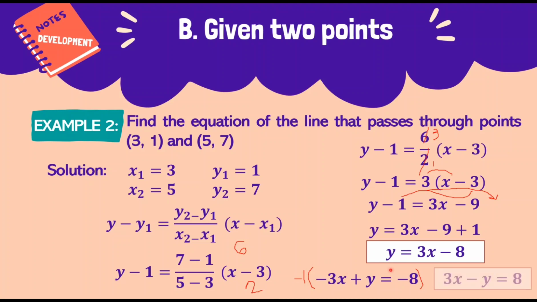So, syempre, we have 3x. Ayan. And then, negative 1 times positive y, we have negative y. And then, negative 1 times negative 8, we have positive 8. So, therefore, that is also an equation of the line written in standard form.